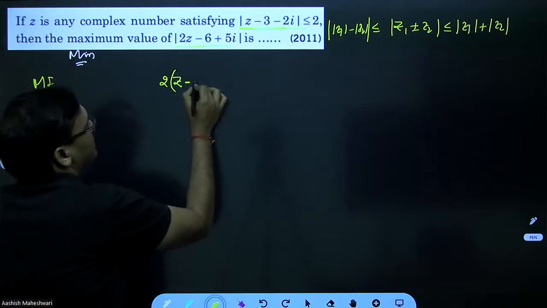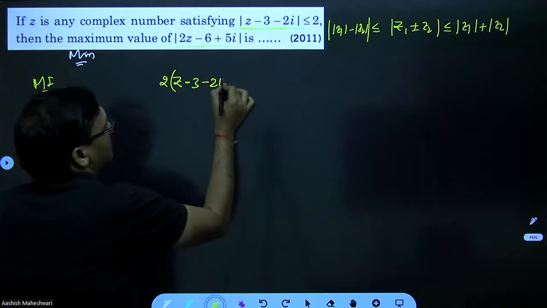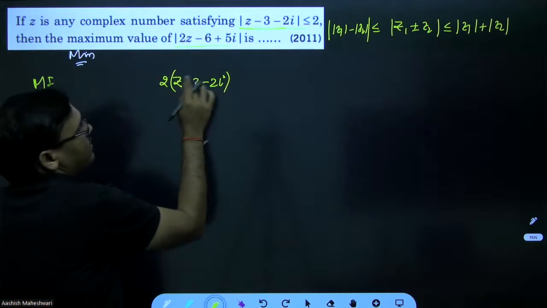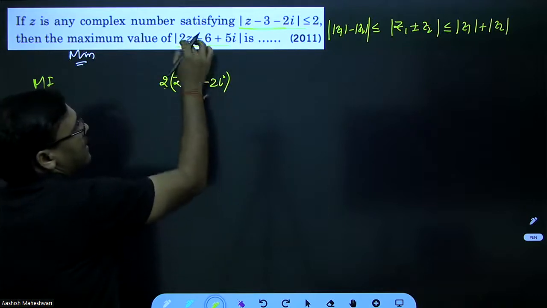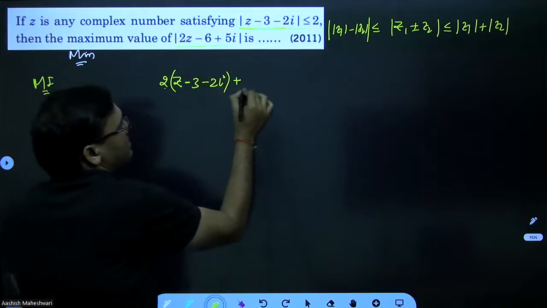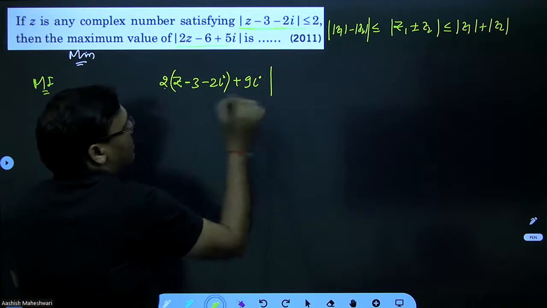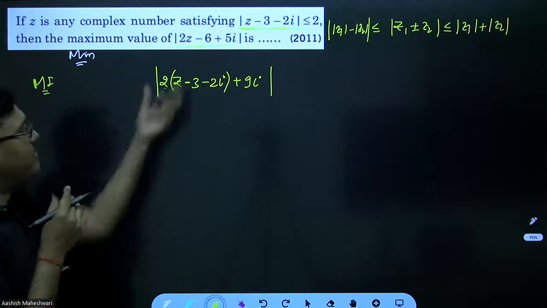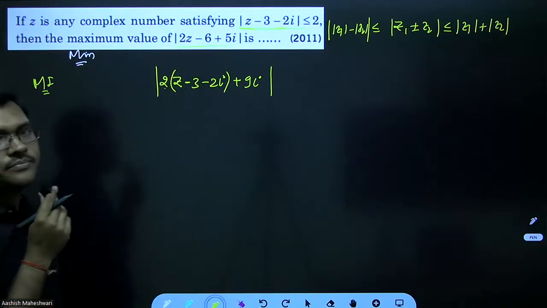This is 2z minus 3 minus 2 iota, and we have 2z minus 6 and this is 5. So I can say this is plus 9 iota, and its modulus. So this expression I have written in this form.